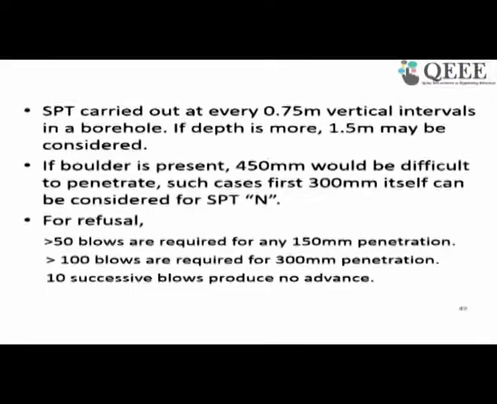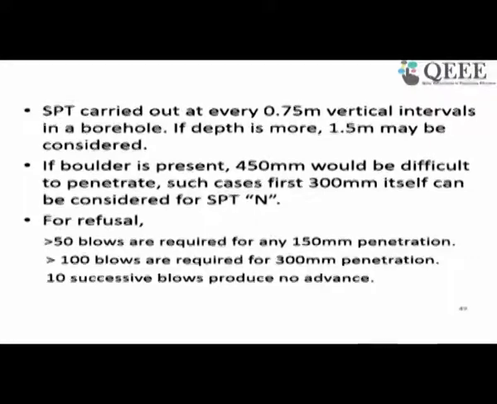For refusal, if there is no penetration even after more than 50 blows, or even after 100 blows for 300 millimeter penetration, then we can call it a refusal. That means no sampling is being done.